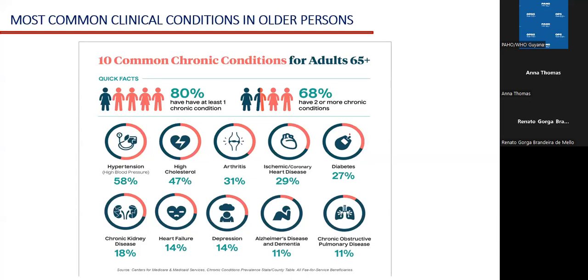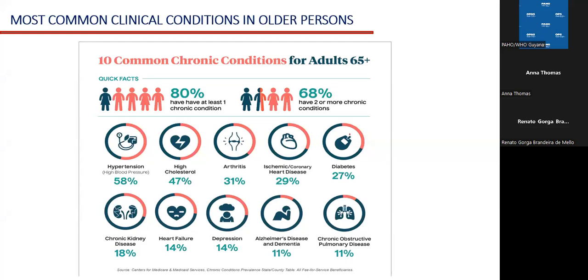Chronic kidney disease, heart failure, depression, Alzheimer's disease, and dementia, in more than 10% of patients, reaching 30% in 85 plus older adults, and chronic obstructive pulmonary disease, more than 10% as well.